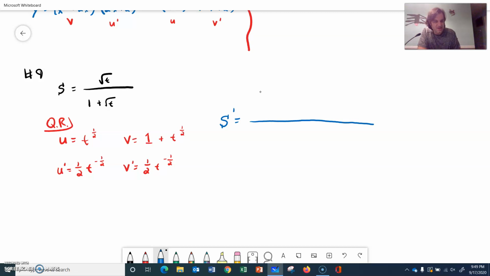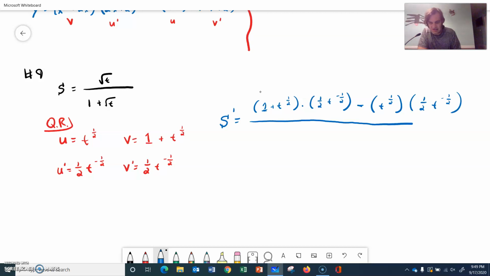So up top I have v, 1 plus the square root of t, or I'm going to do this t to the 1/2, times the derivative of u, 1/2 t to the negative 1/2, minus u, which is t to the 1/2, times the derivative of v, which is 1/2 t to the negative 1/2, and that's all going to be over the original v squared, 1 plus t to the 1/2, all that squared.